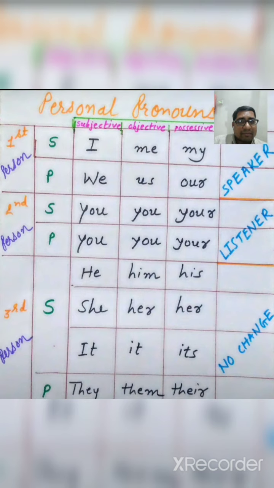If you are speaking about Rani Lakshmibai, we can use she for her. If you are speaking about our national animal, we can use the pronoun it. So he, she, it, they stand on their own.